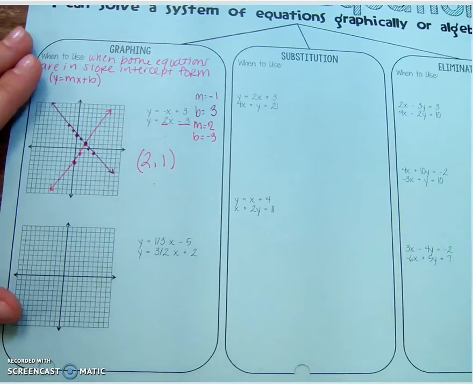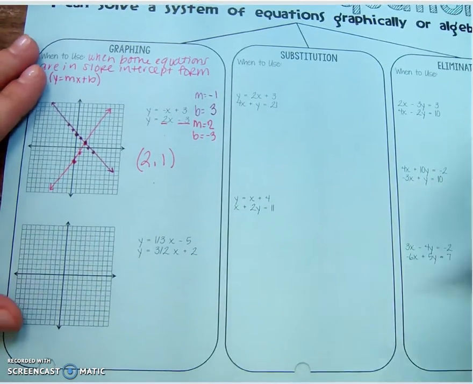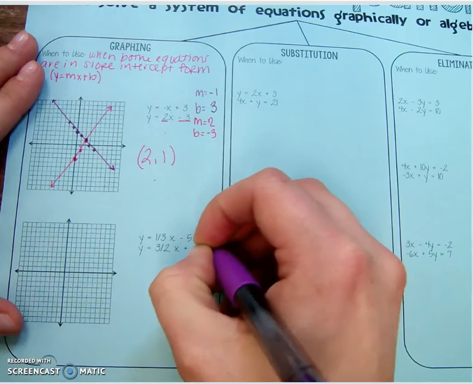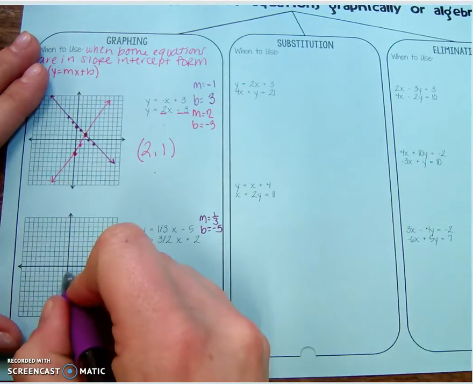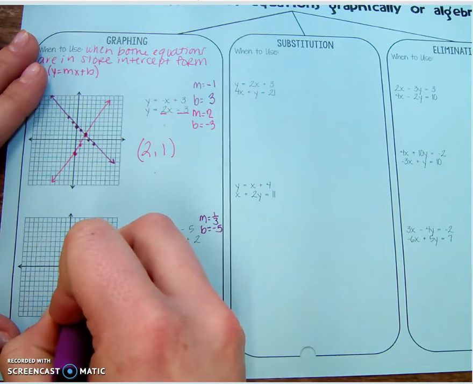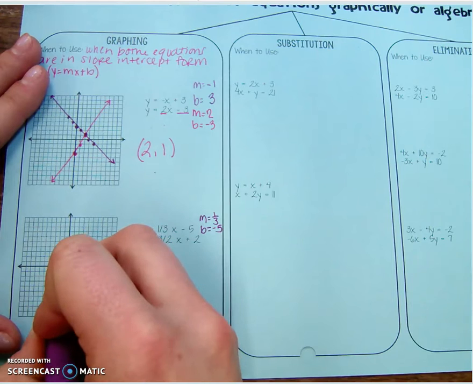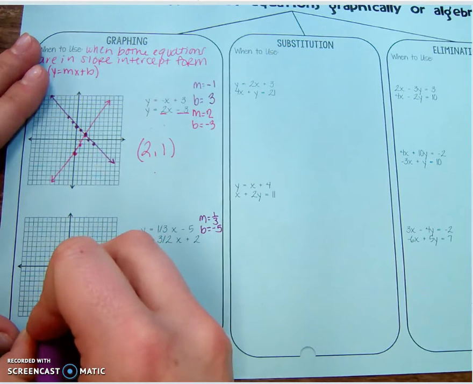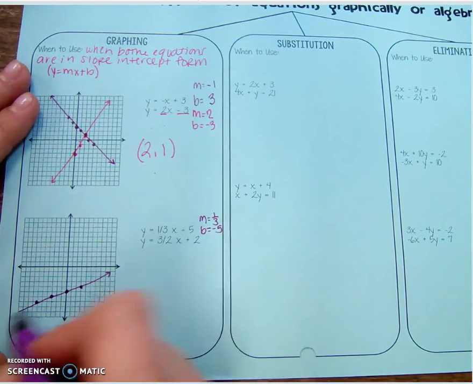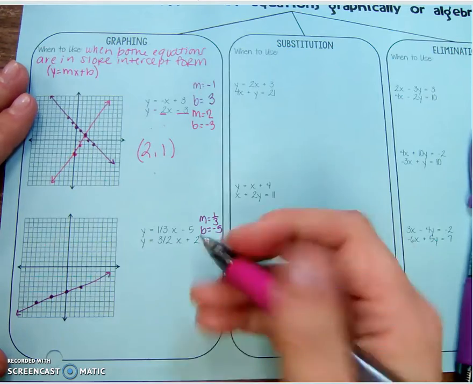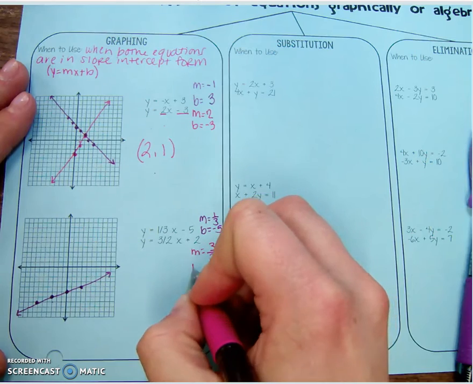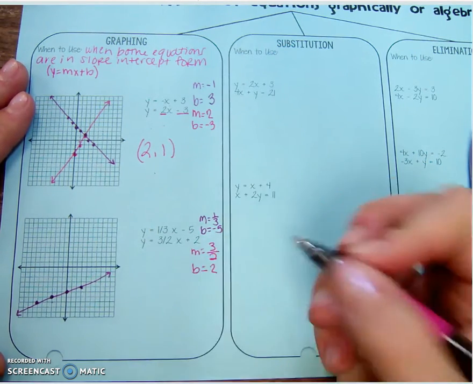All right, let's do the next one. I have my first line, my slope is 1/3, and my intercept is -5. So go ahead and graph that. It's a positive 1/3, so rise 1, right 3, or down 1, left 3. And my second equation, my slope is 3/2, or 3 over 2, and my intercept is 2.